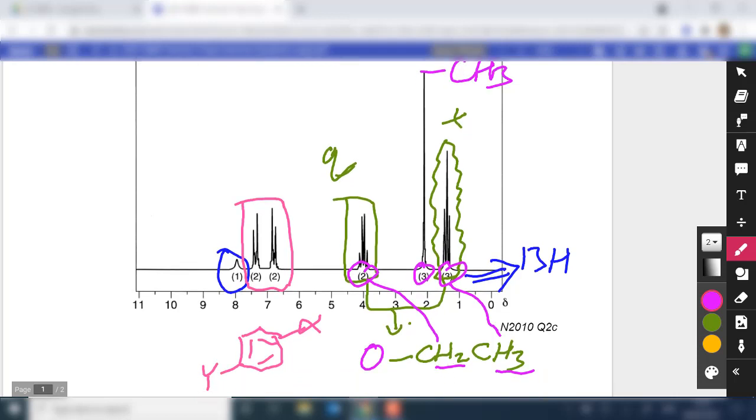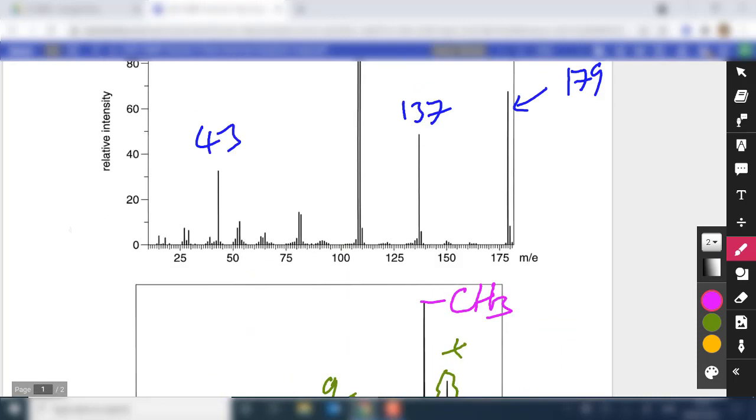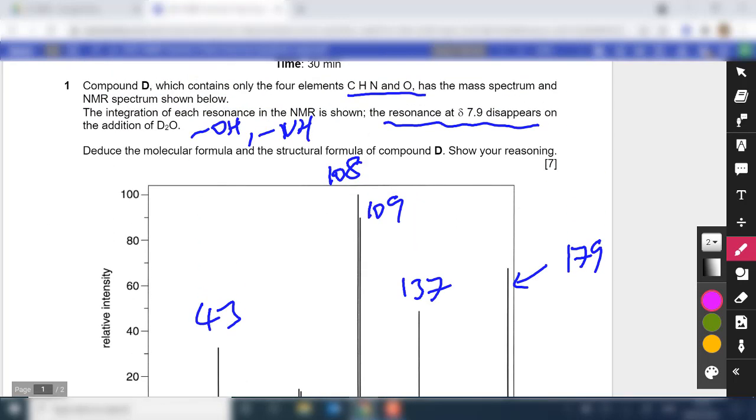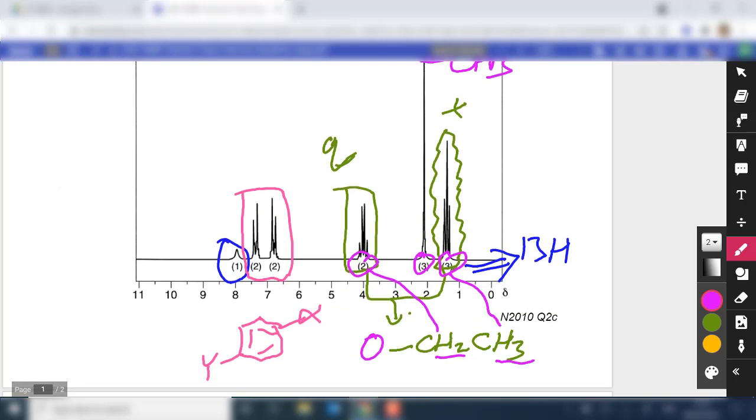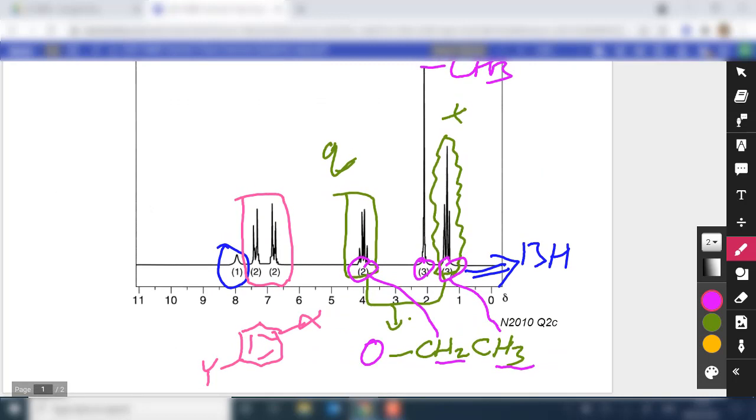With all the data given to us, we probably want to try to fit all the information together, because the first thing we need to do here is to determine the molecular formula. So we'll try to determine the molecular formula by piecing all the information together. As we saw from the mass spec, we have a molecular ion peak at 179.